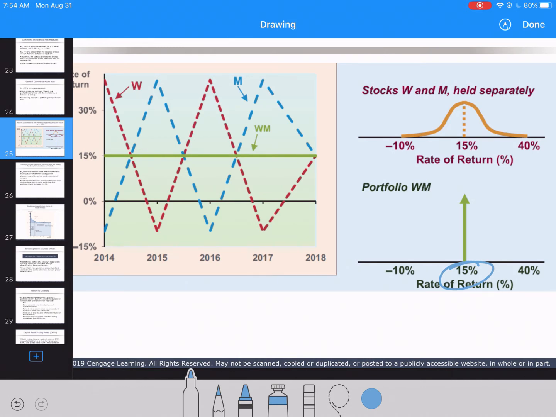So you just created a risk-free portfolio, and the T-bill was a risk-free security. And this you could do because you understand that by putting stocks in a portfolio, you can reduce risk.